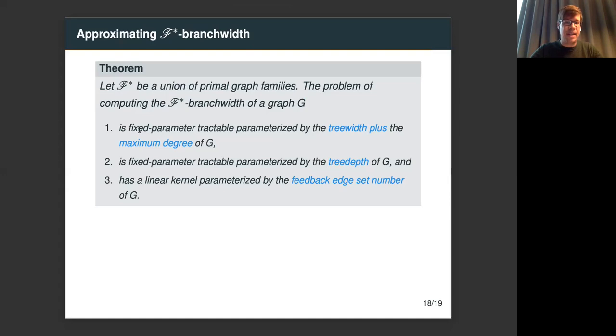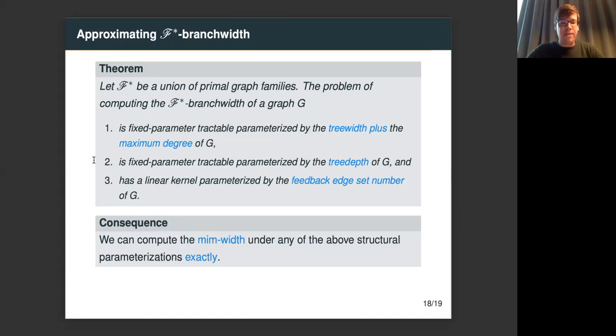For example, this problem is fixed parameter tractable if we consider as a parameter the tree width plus the maximum degree of the graph. It is also fixed parameter tractable parameterized by the tree depth of the graph, and it has a linear kernel parameterized by the feedback edge set number of G. As a consequence, we can also compute the MIM width under any of these structural parameterizations exactly.